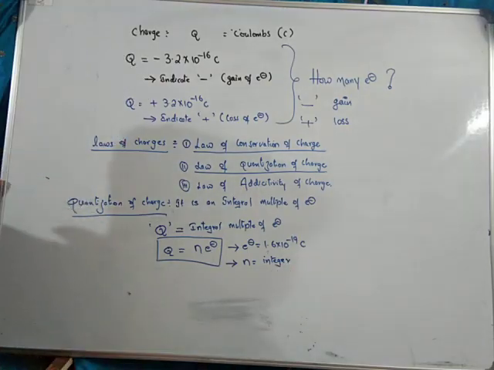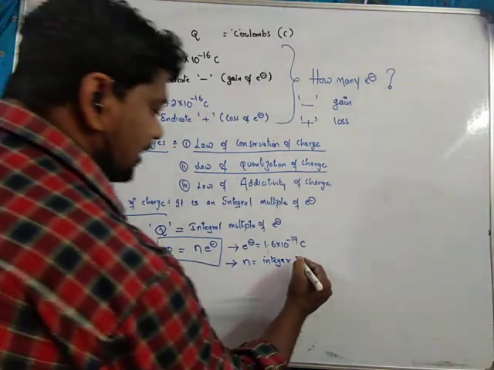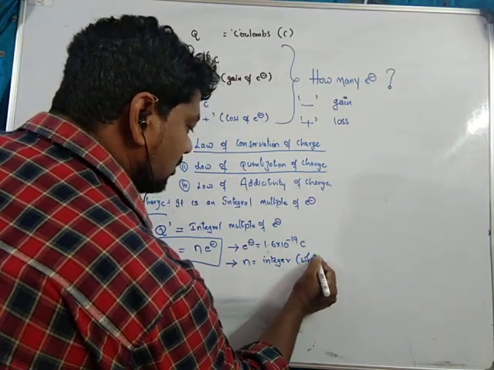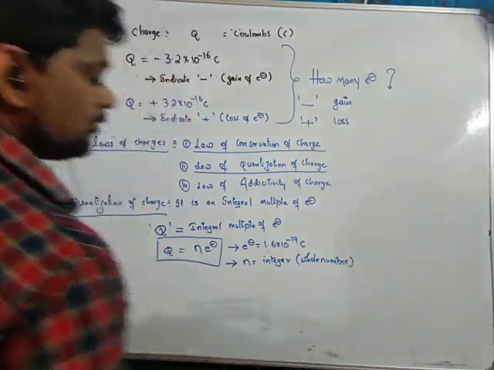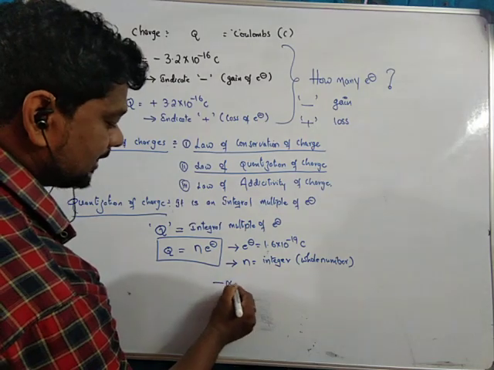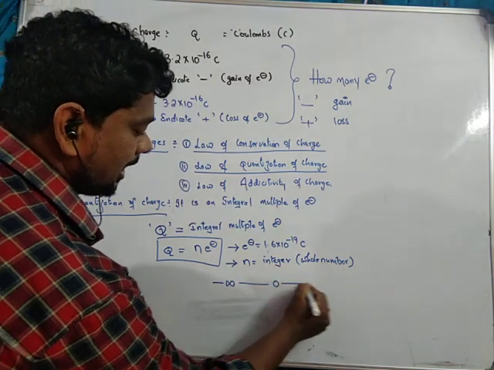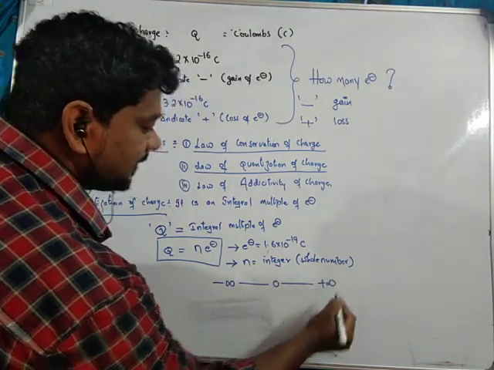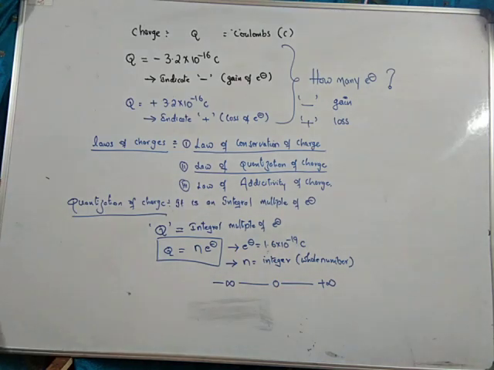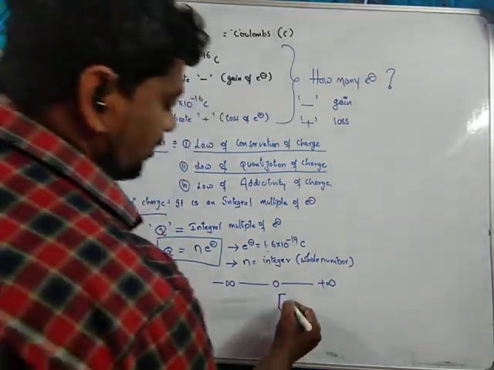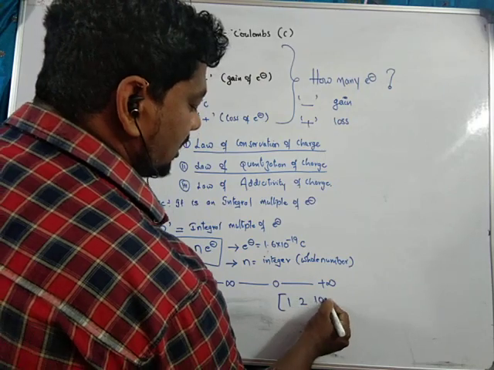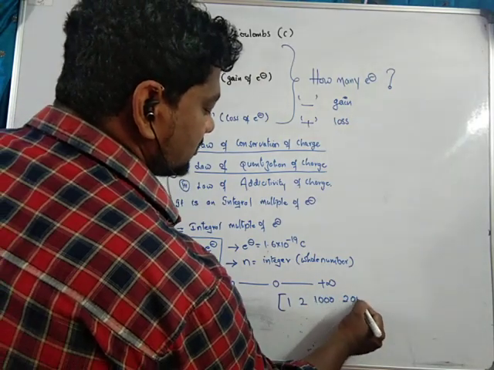It is an integer, and we consider it as a whole number. So we get minus infinity to 0 and 0 to plus infinity. We will define n either as a negative value or a positive value. We get infinite terms, but it's always a whole number like 1, 2, 1000, 2050.